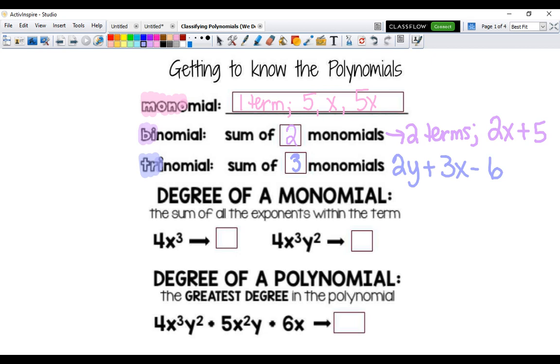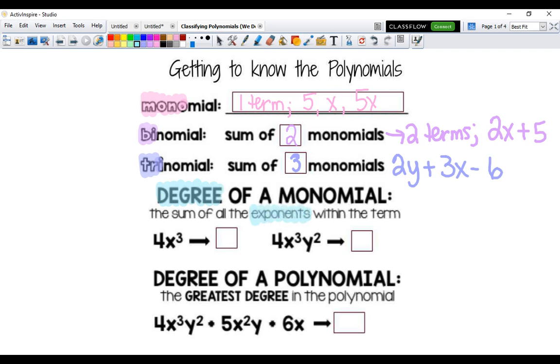Trinomial, 3 terms. Now, when we talk about the degree of a monomial, remember, a monomial is 1 term. So a degree of a monomial basically is the sum of the exponents. So the word degree and the word exponent mean the same thing.